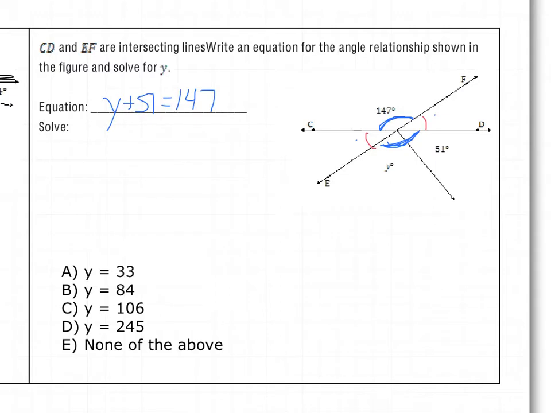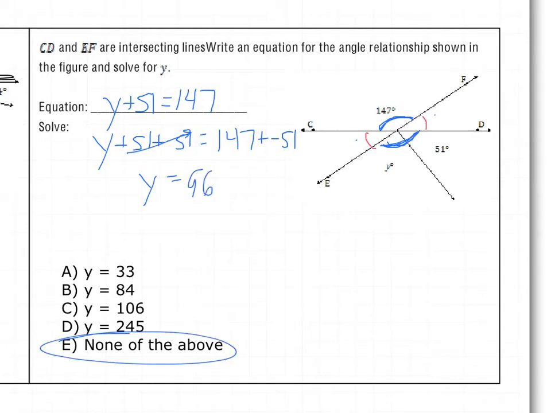So we have some quick solving to do there. Y plus 51 plus negative 51 is equal to 147 plus negative 51. Y is equal to, that should give me 96, which is none of the above.